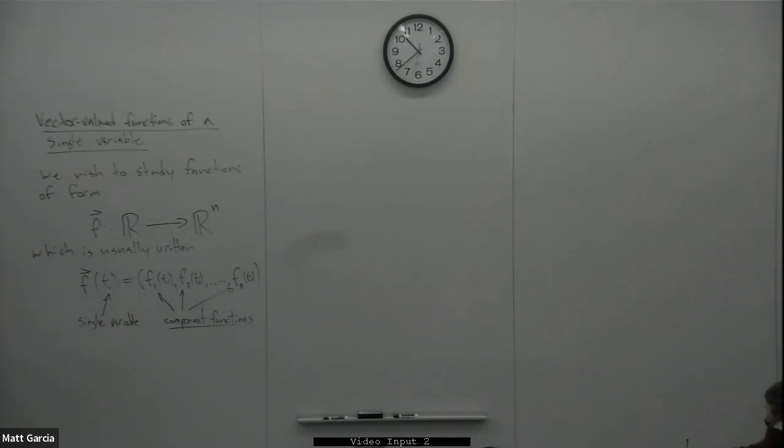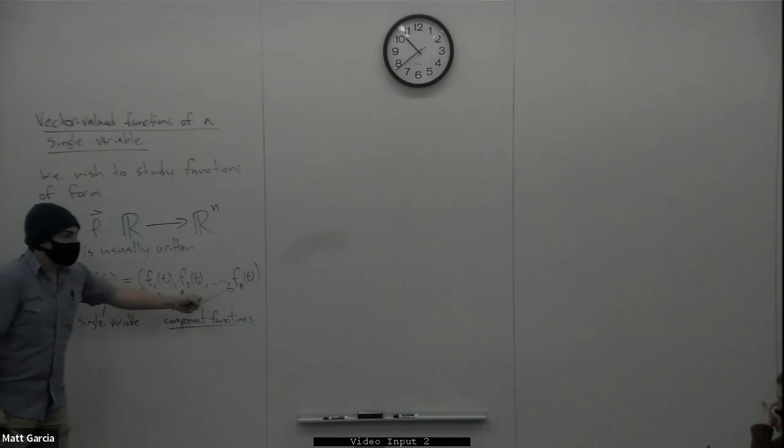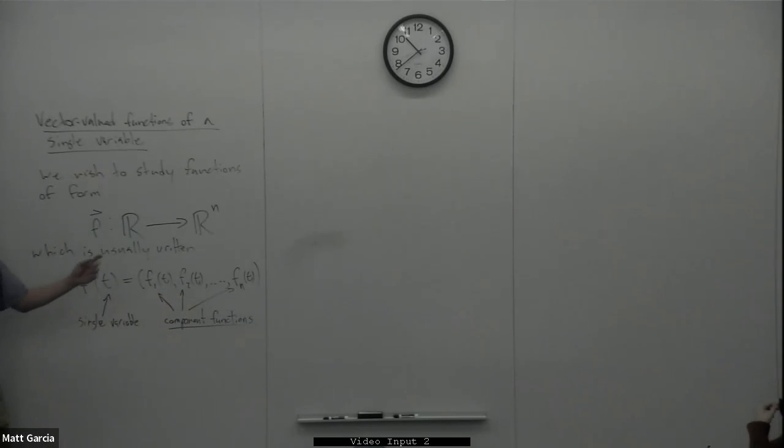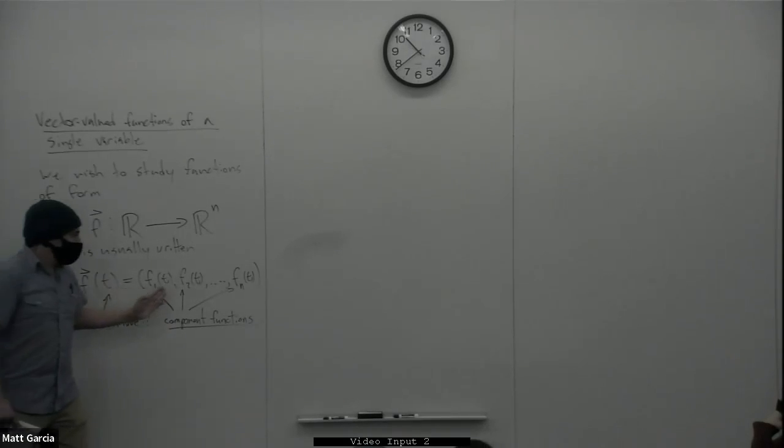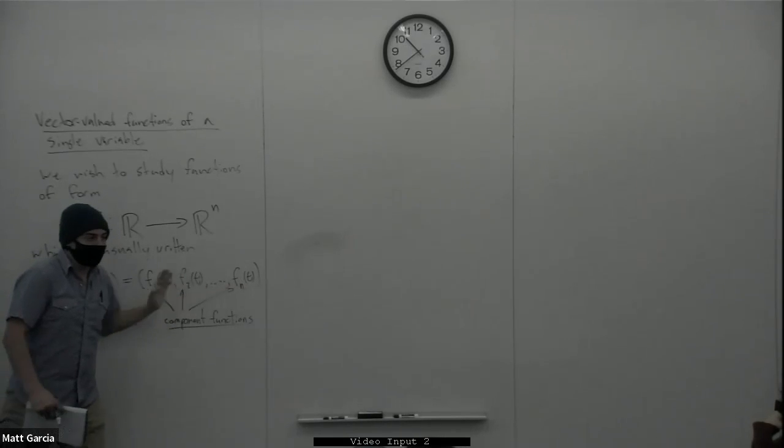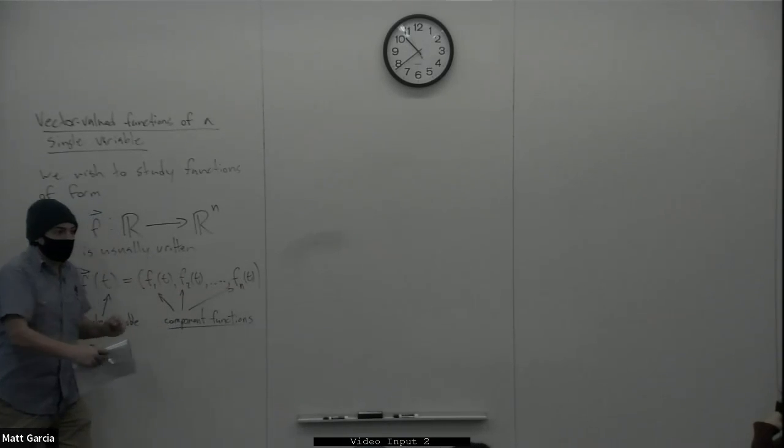Right, so that is to say, a vector valued function f hat is defined by n component functions, which just go from the real numbers to the real numbers, right? f1, f2, fn, those are all real valued functions. So we take these n real number outputs and put them in a vector.